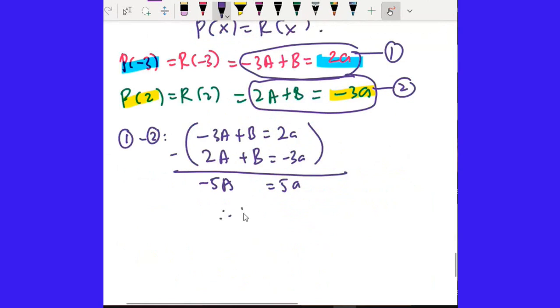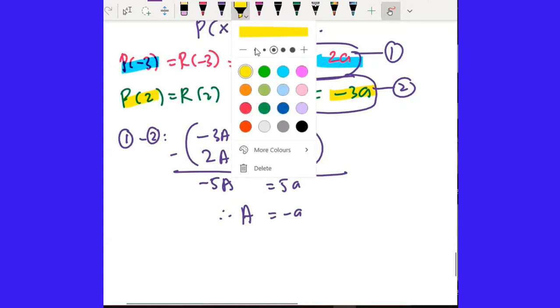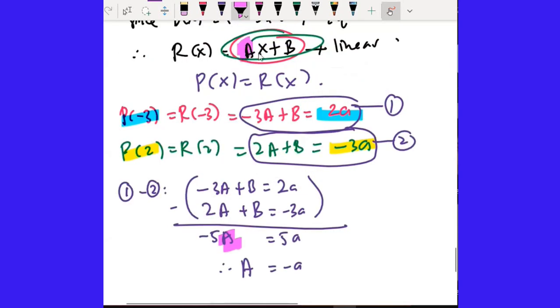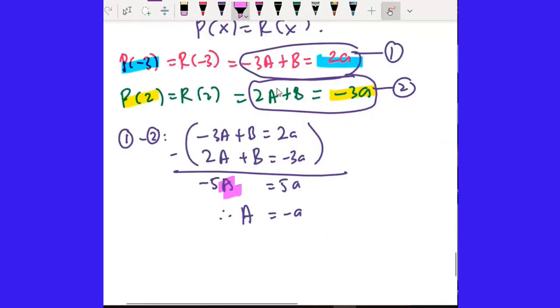So therefore A is equal to negative A. Our focus is the capital A; the small a is only like a constant, a number.